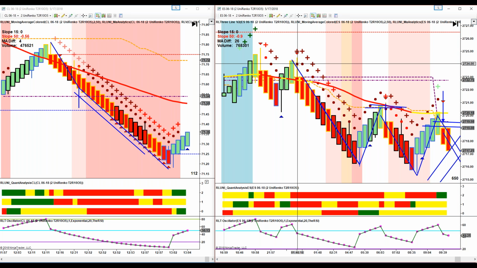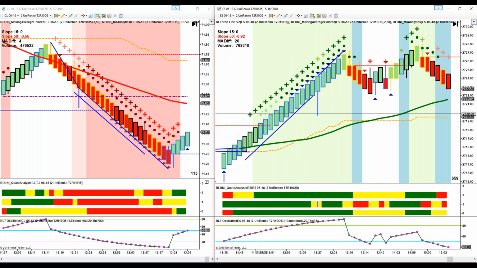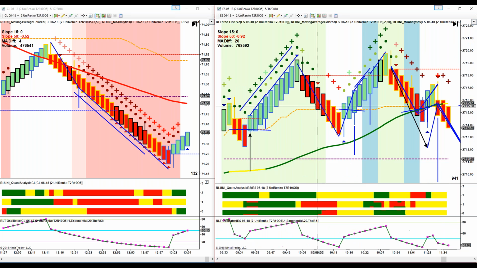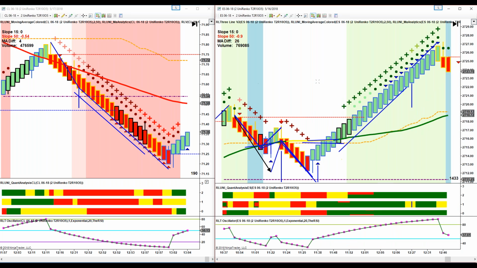Very, very much. You're going to look for the background bias. That's going to minimize it even more. The oscillator signal minimizes it more. And trading off of an area of support, or down off an area of resistance, also helps.